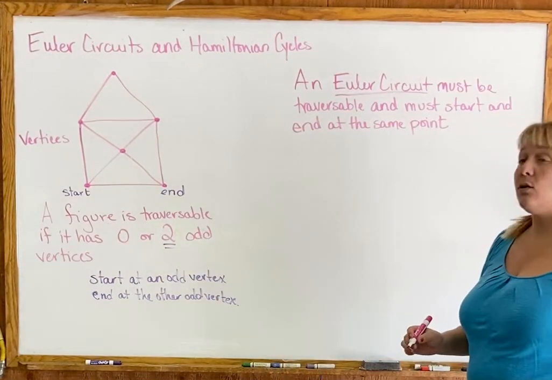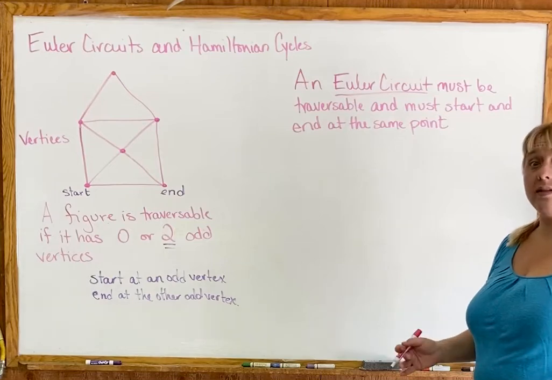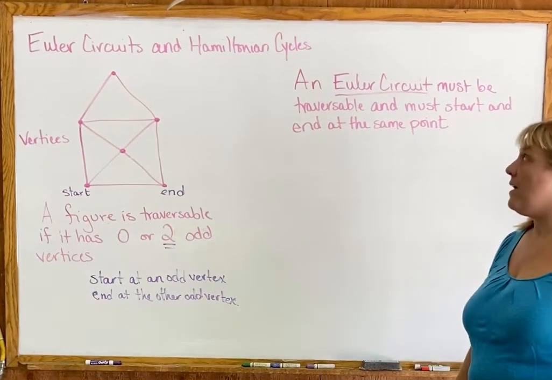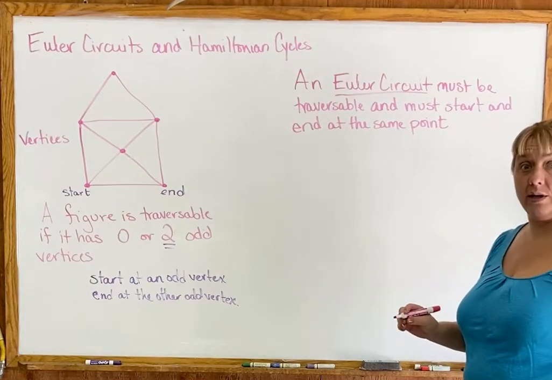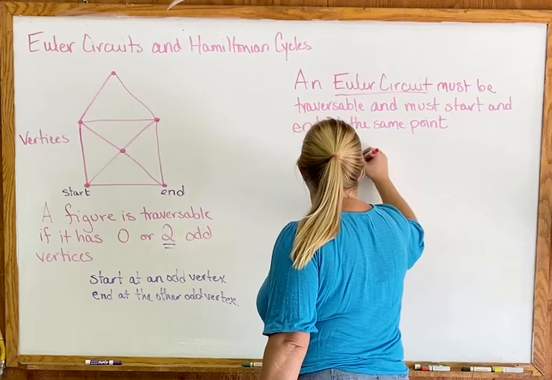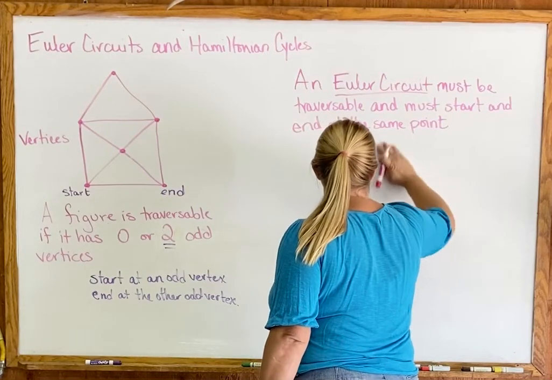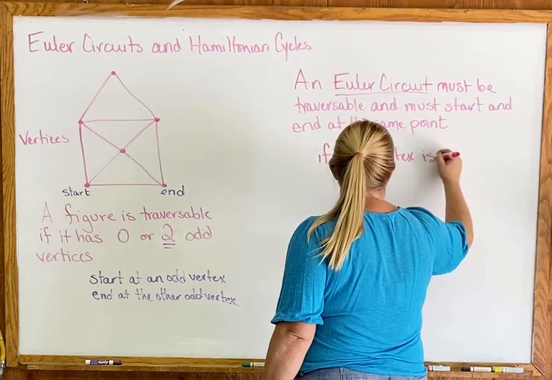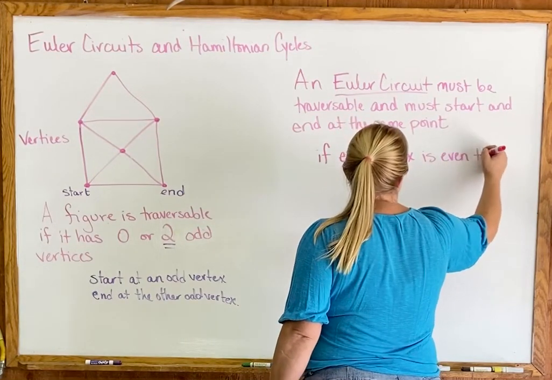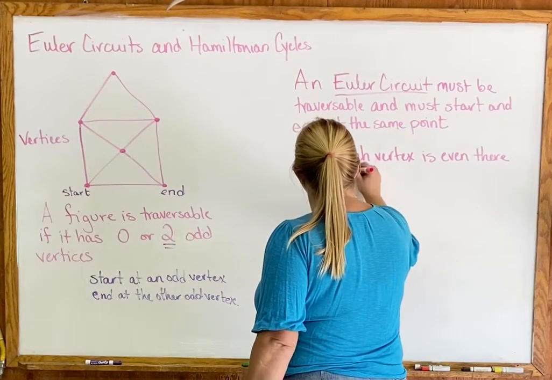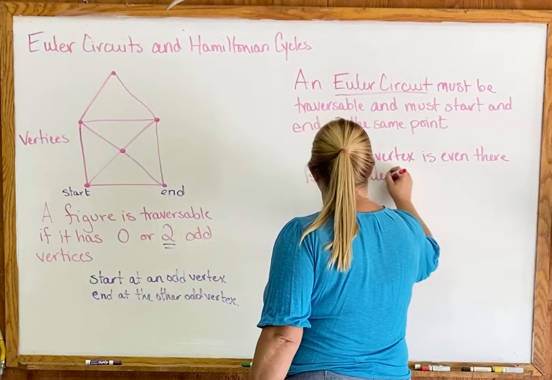If you have 0 odd vertices, meaning all the vertices are even, meaning they have an even number of line segments leading to them, then you will have an Euler circuit. So if each vertex, oops, that's not how you spell vertex, is even, there is an Euler circuit.